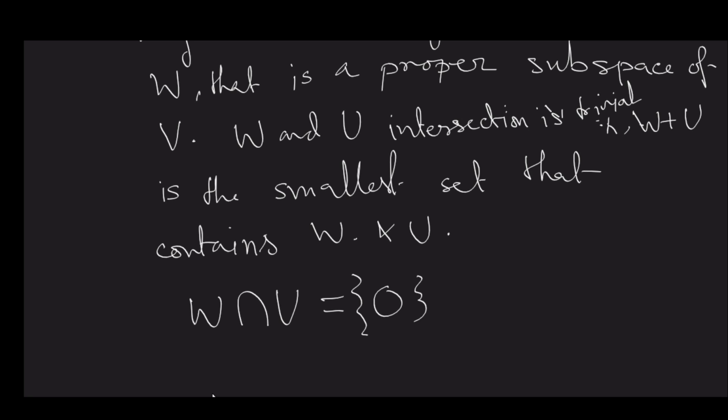So it is incorrect to claim that W and U are disjoint. Rather, the intersection of W and U is trivial. Then W plus U is the smallest subset that contains W and U.